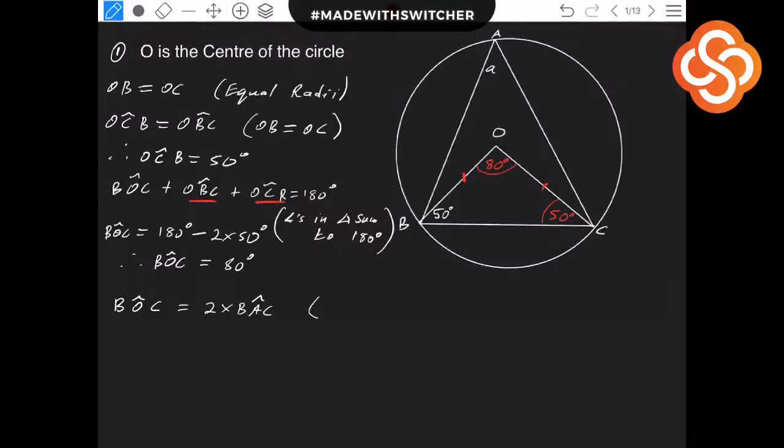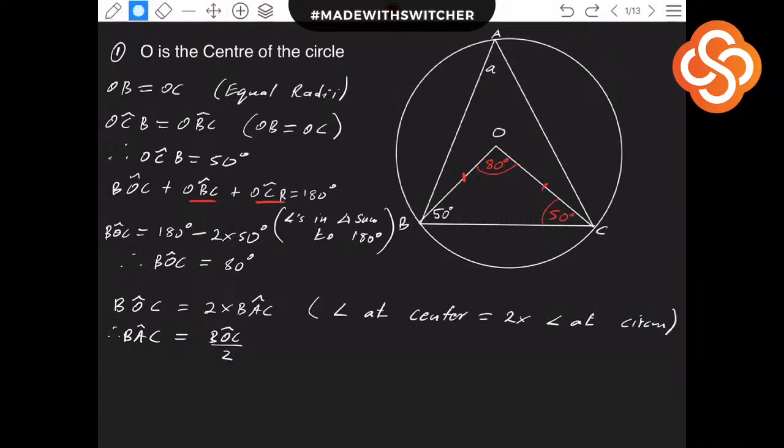So the reason for this, we say angle at center is equal to 2 times angle at circumference. That is going to be our reason there. Therefore, we're not looking for BOC, we're looking for BAC. So BAC is equal to BOC over 2.